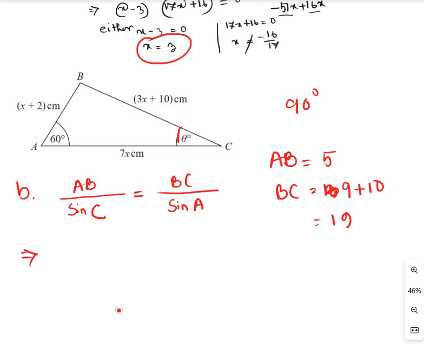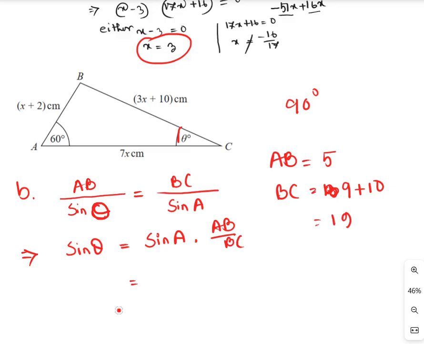What we have to calculate? We have to calculate the value of C. Instead of C, we could write down here theta. So let's write down sine theta is equals to sine A times AB by BC.